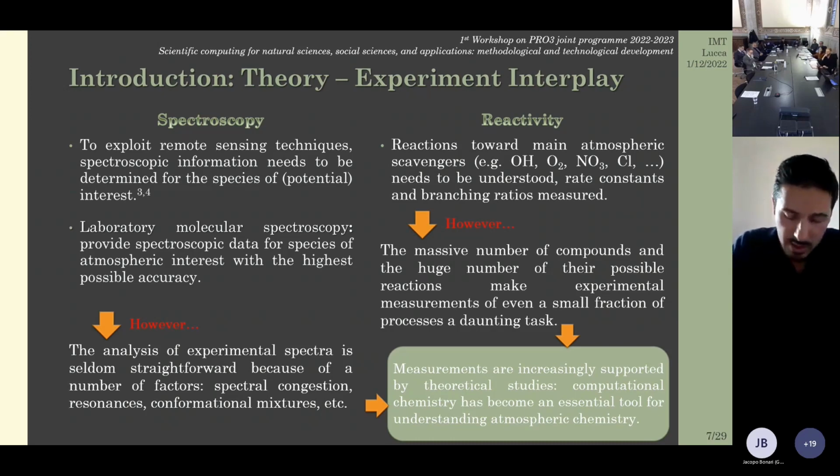However, this task is almost always complicated by a number of factors. Let's say, for example, the presence of conformers or the necessity to synthesize in situ unstable species, or even intrinsic properties of the molecules like resonances that at the end alter the spectral structure, thus making the interpretation really difficult.